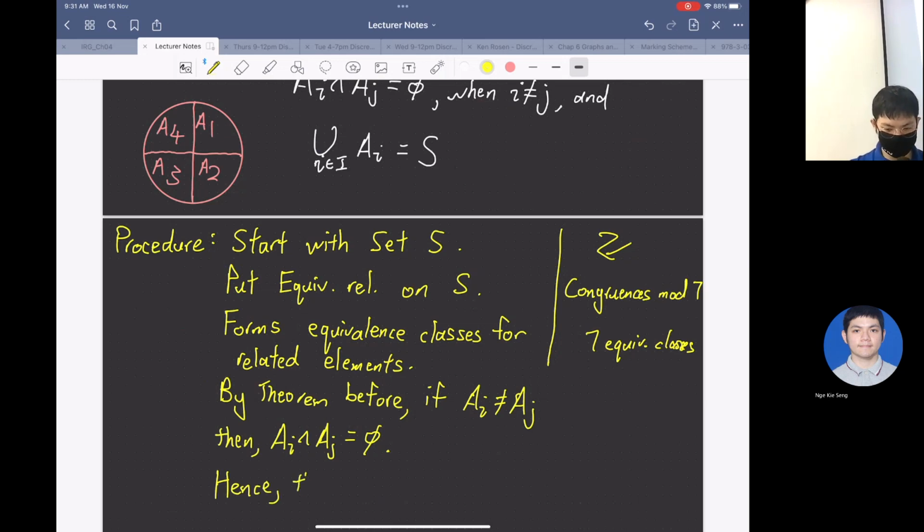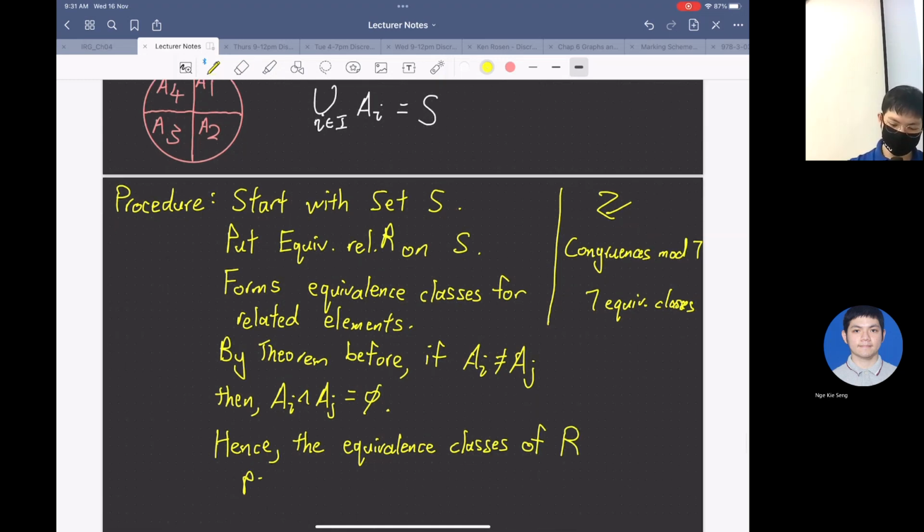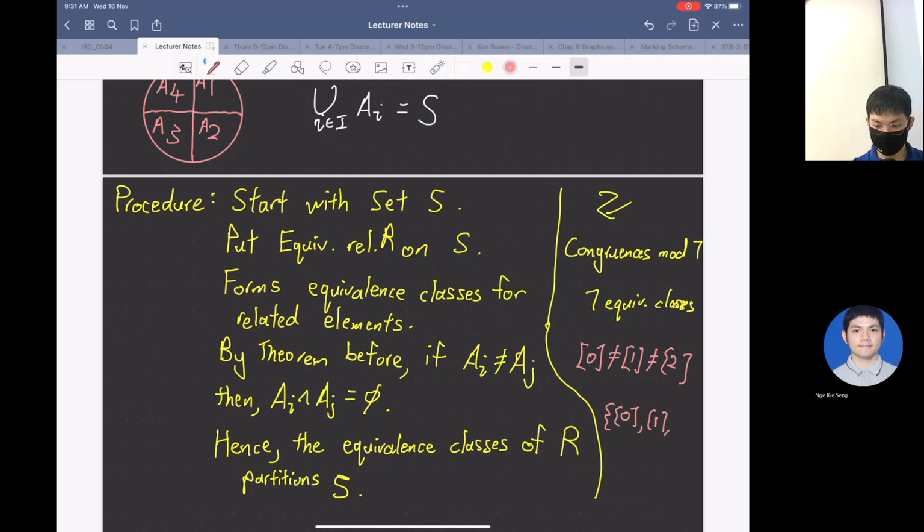Hence the equivalence classes of the relation partition X. You can also have a similar argument for the converse, a partition set.